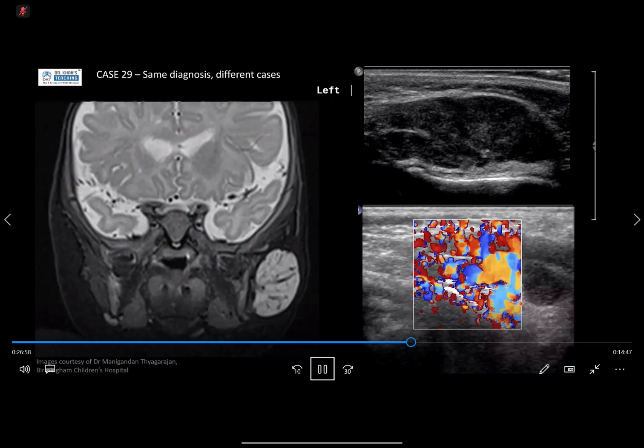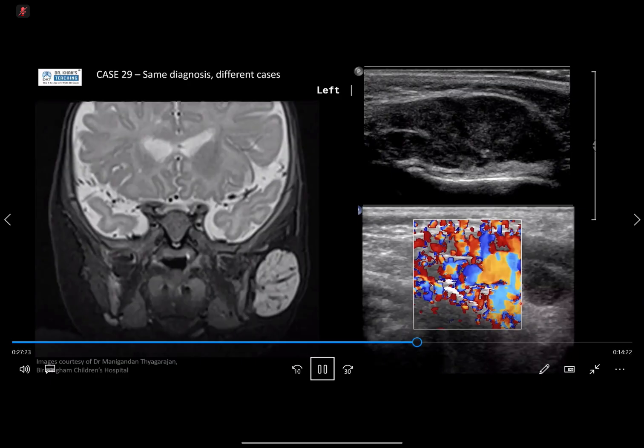The brain and CSF spaces are normal. There is a T2 hyperintense area in the left parotid, which is showing on ultrasound. It is well encapsulated and showing vascularity. Okay, there is an internal septa, so this could be a liposarcoma.